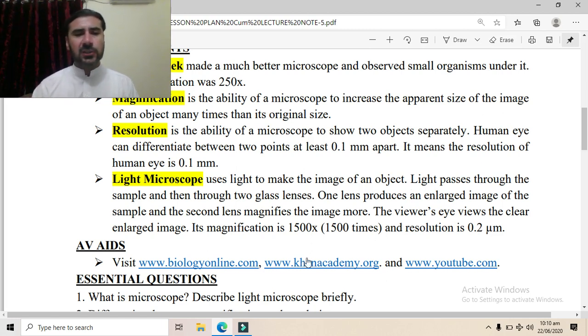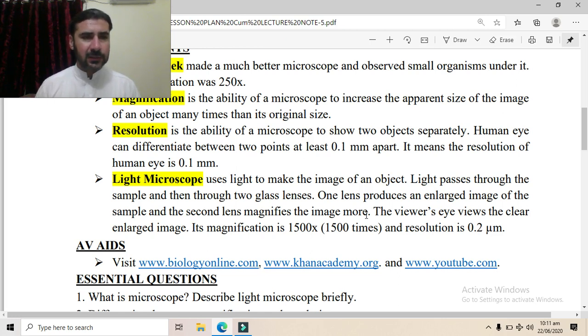Light passes through the sample and then through two glass lenses. One lens produces an enlarged image of the sample and the second lens magnifies the image more. In a normal light microscope there are two lenses, one just above the slide where your sample is, and another in the eyepiece.